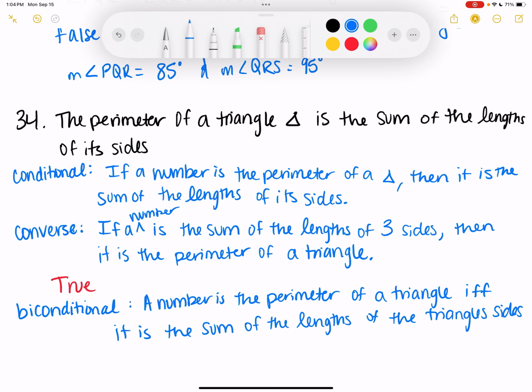Or I could say of the three sides or something like that. But something to specify that it's for the triangle to make sure that it's true.